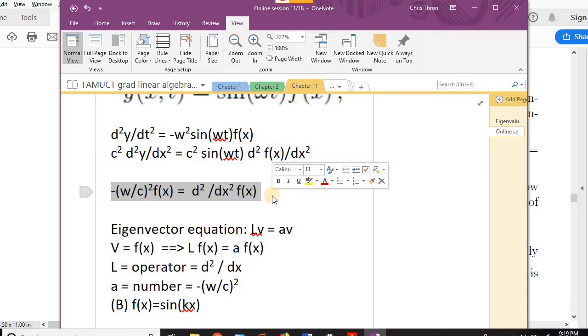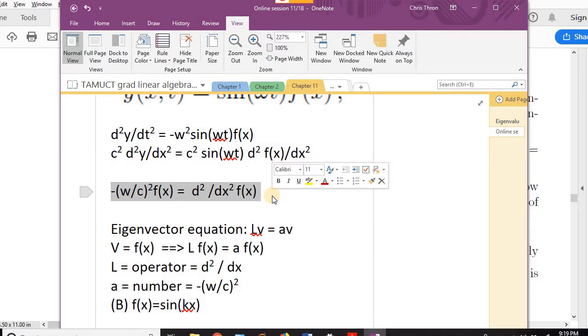It would be negative now. Maybe you need to write it down. So k would be this, w over c.